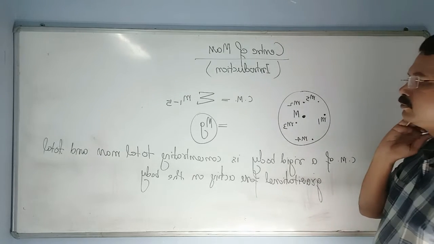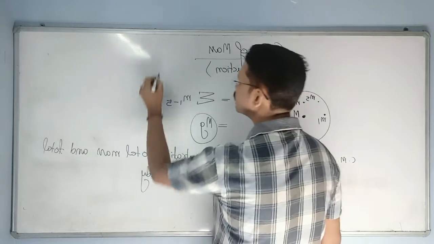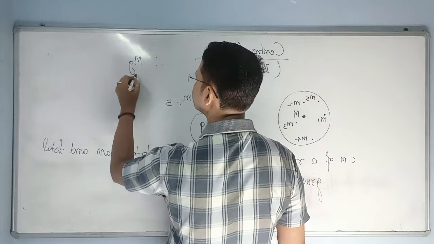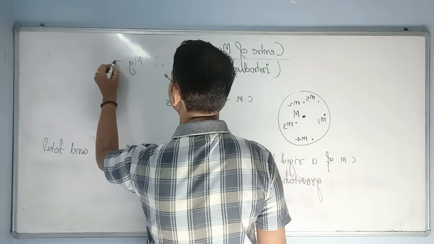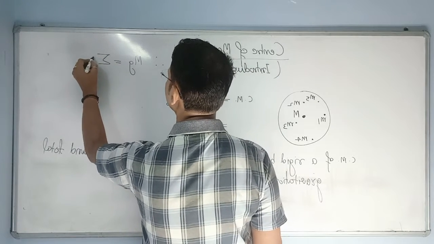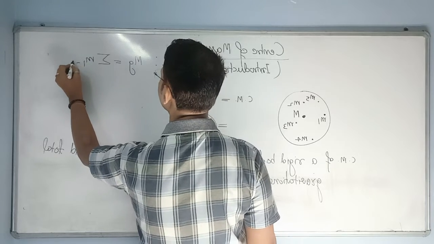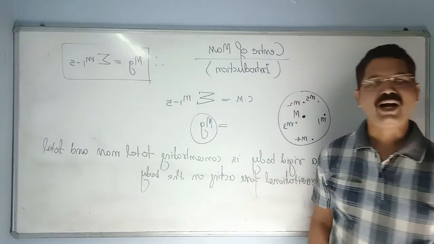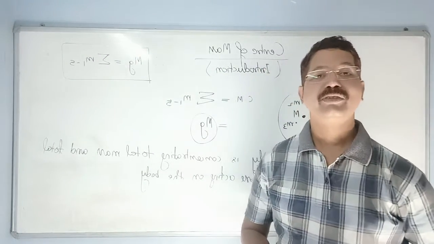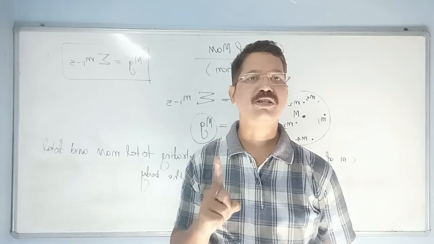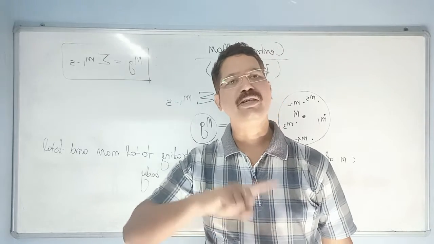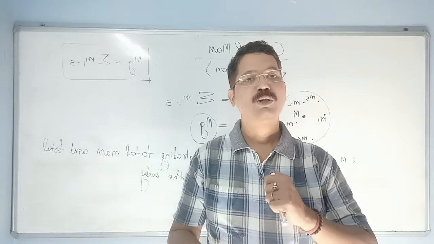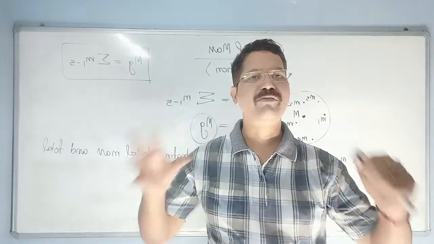So center of mass: mg is equal to the total mass 1 to 5. So I have given you the first thinking of the center of mass, and in the next class I will discuss again the total behavior of the center of mass.